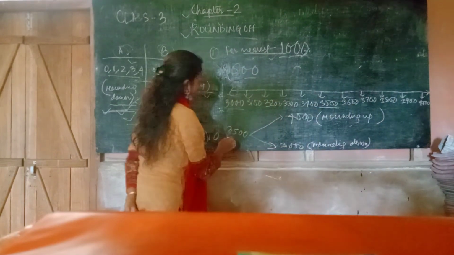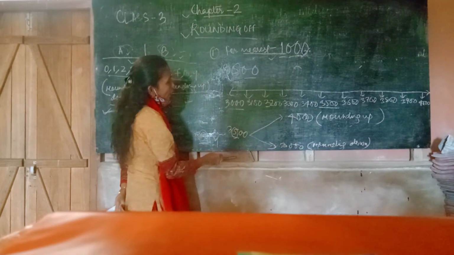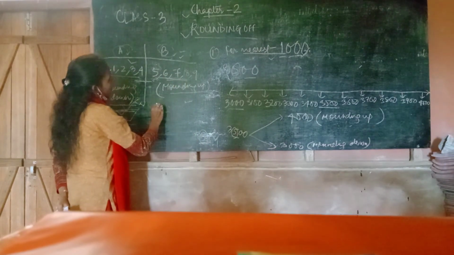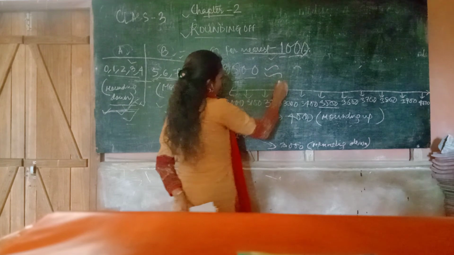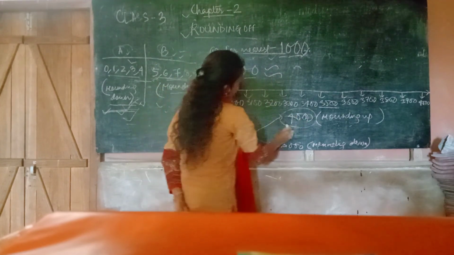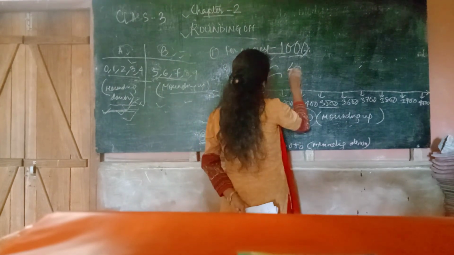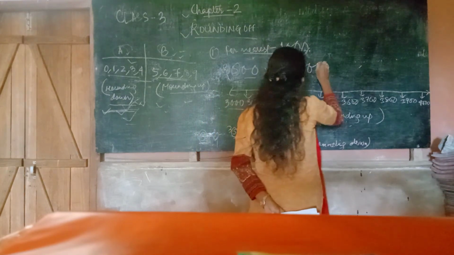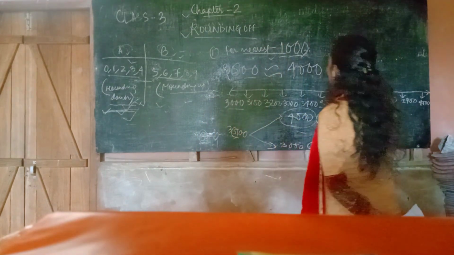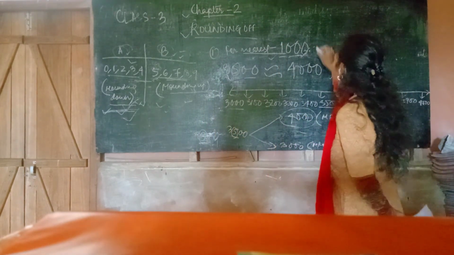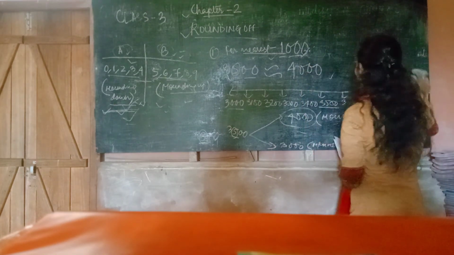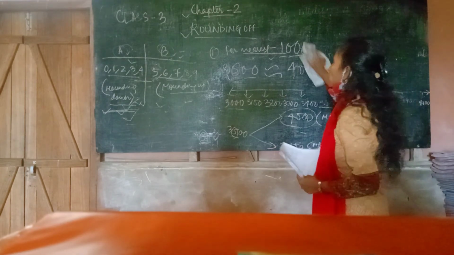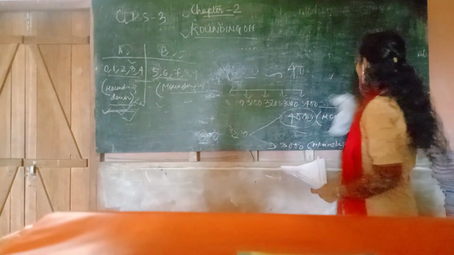So the digit in the hundreds place is 5, that is rounding up, meaning the highest number, 4000. So 4000 is the value for the nearest 1000. So this is all for the rounding questions.